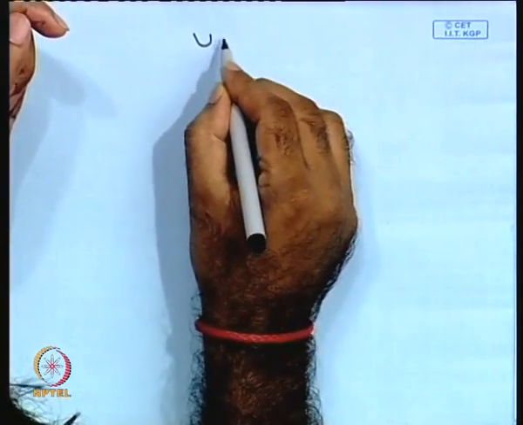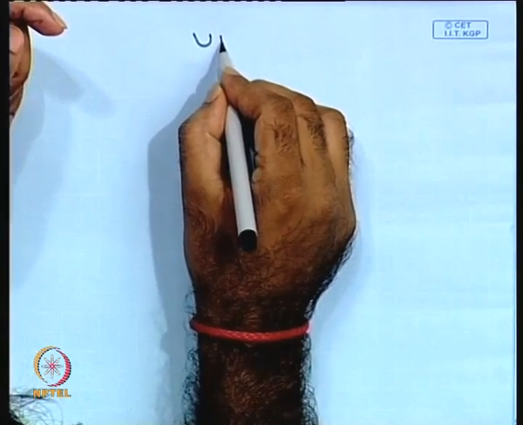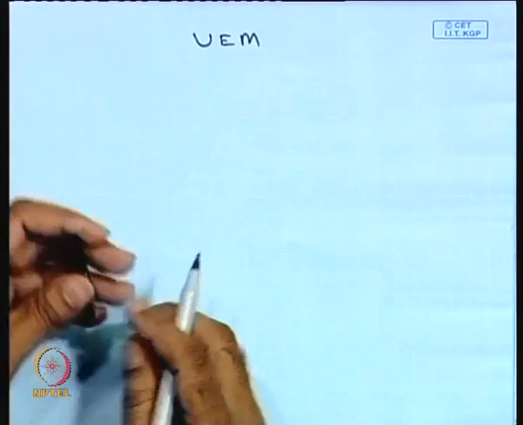Now, within the detailed structures, we have to discuss what univariate econometric modeling is all about. Univariate econometric modeling is represented as UEM.